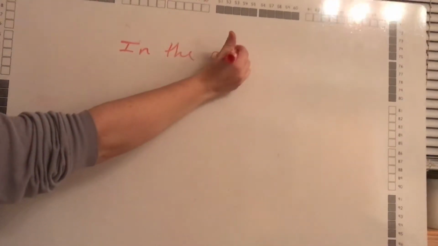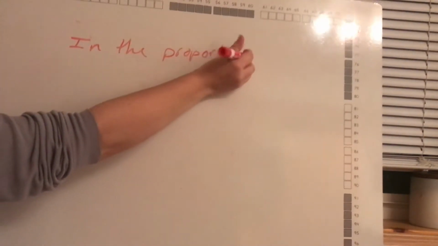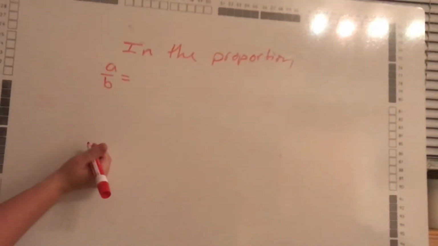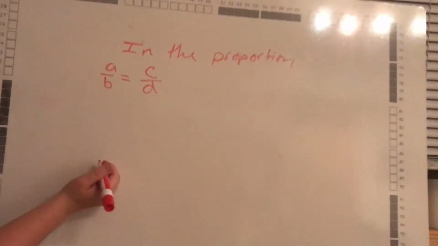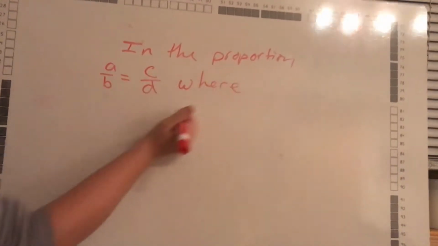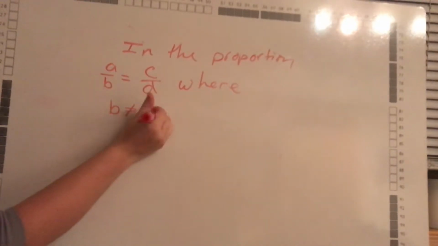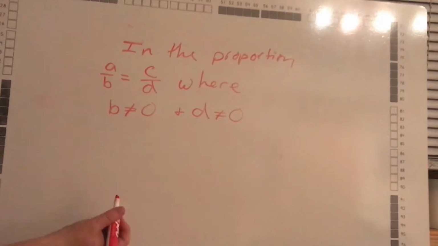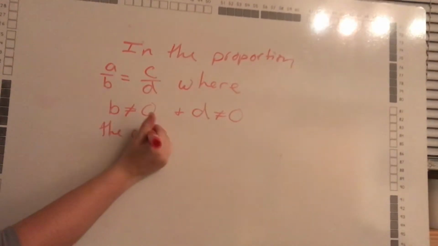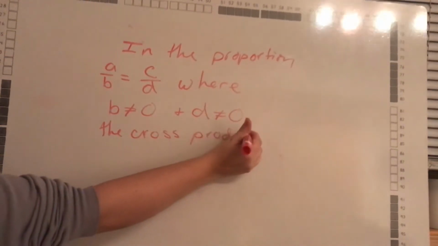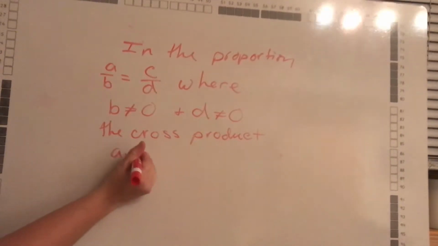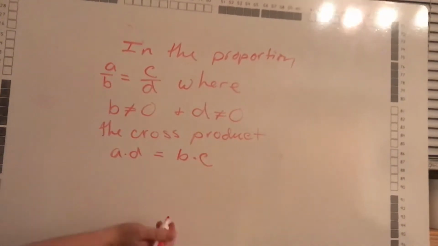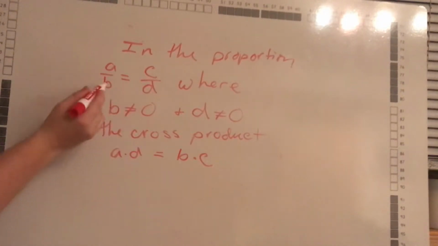In the proportion A over B equals C over D, where B does not equal 0 and D does not equal 0, the cross product A times D is equal to B times C. Okay, so A times D is equal to B times C.